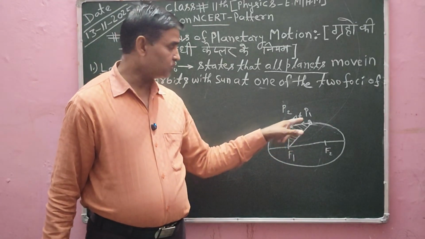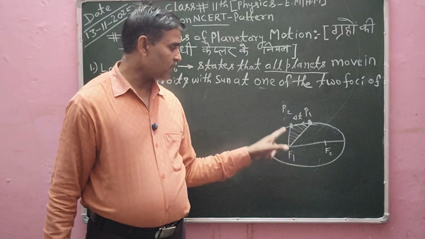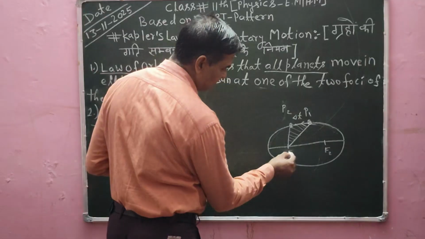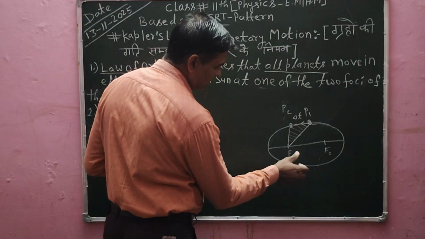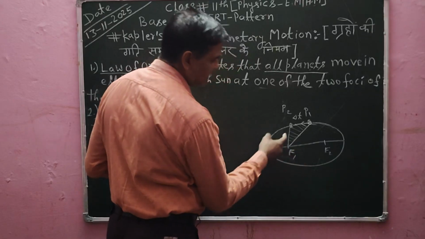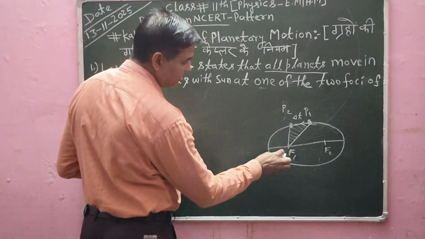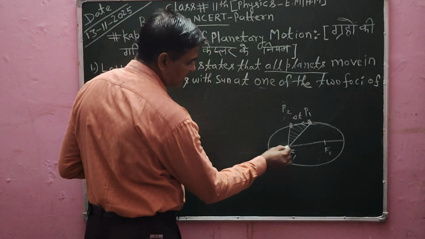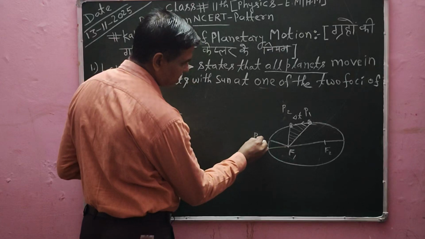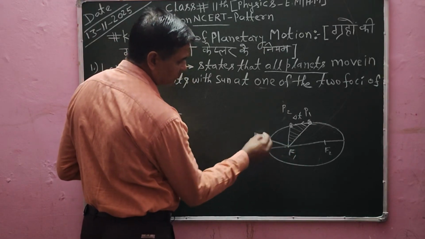So when I joined point P1 to F1 and also P2 to F1, I got a shape, and after calculating the area of that shape I got a value. Now I am considering another point, P3, and a planet which is available at point P3.